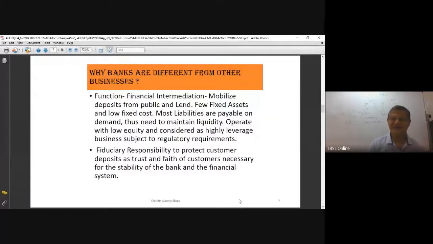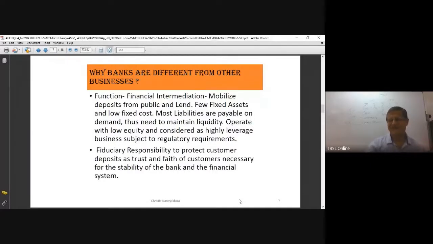Even if you get a fixed deposit, sometimes if a customer needs such deposits in advance, we tend to do a premature upliftment. So that's why we maintain such an amount of liquidity.